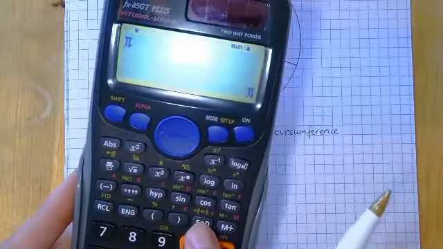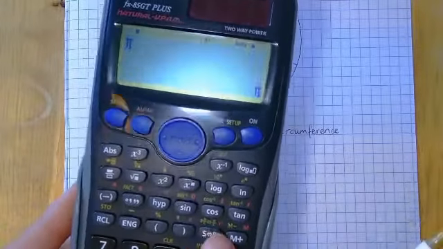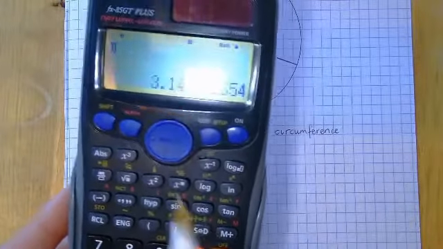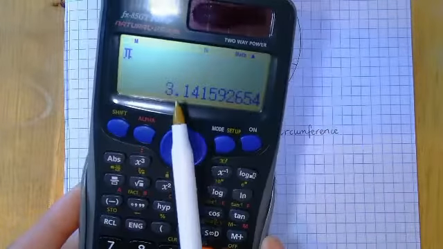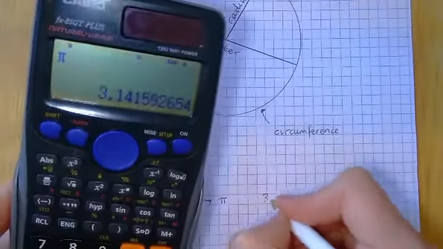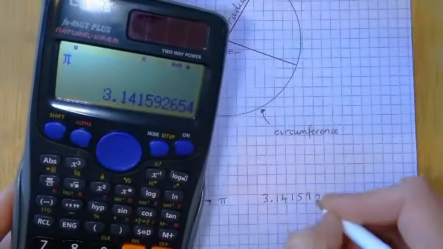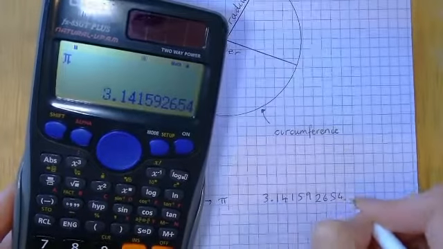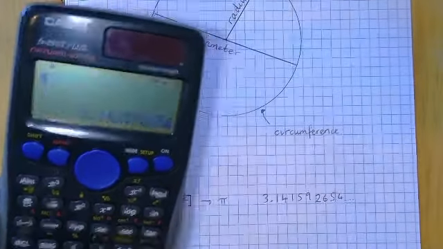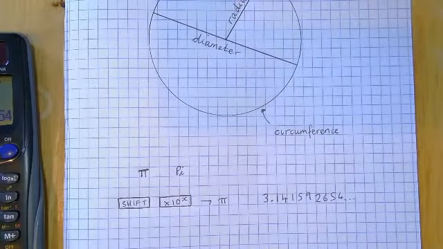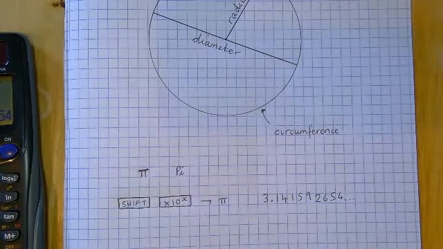This is where we press the SD button. You know when you're doing fractions and stuff and you get an answer that you don't like? If you press the SD button, you'll get that pi equals 3.141592654, and that number goes on forever and ever and ever. And there are actually pi remembering competitions.